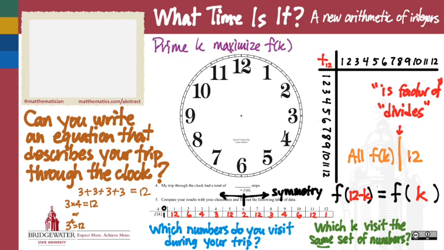So now, your observation here is that when k is prime, f of k reaches its maximum value of 12. So that is certainly true for 5 and 7 and 11. But what about 1? 1 is not relatively prime to what?